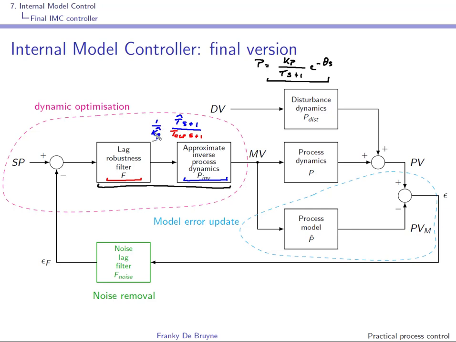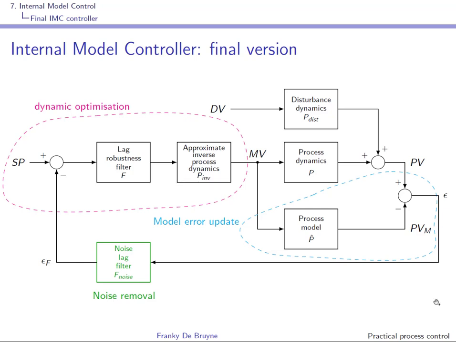So here 1 over Kp hat and then a lead lag, right? That will compensate the pole of the system, and we take here a closed loop time constant that is smaller than the open loop time constant. So this version is more general.